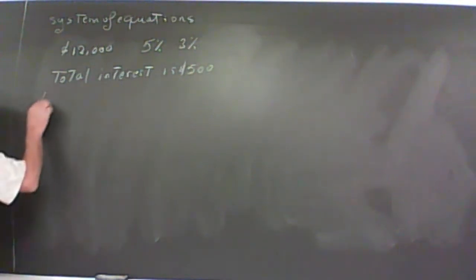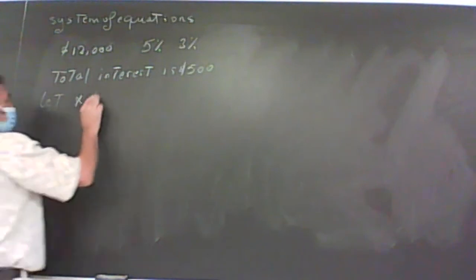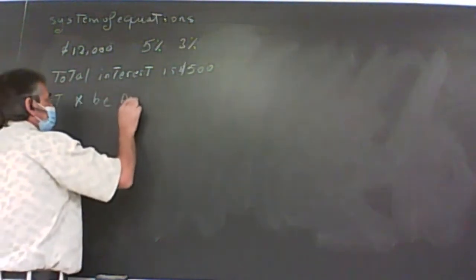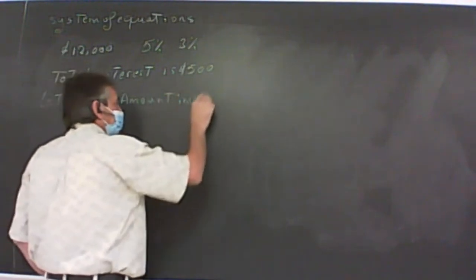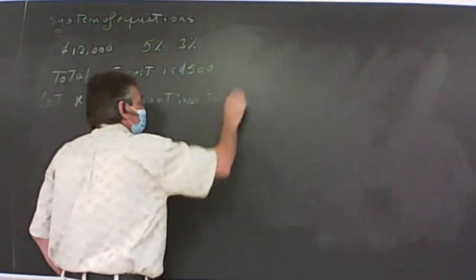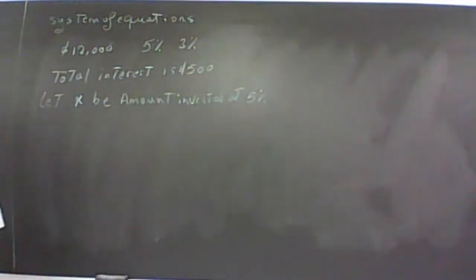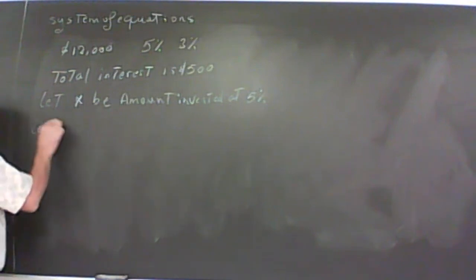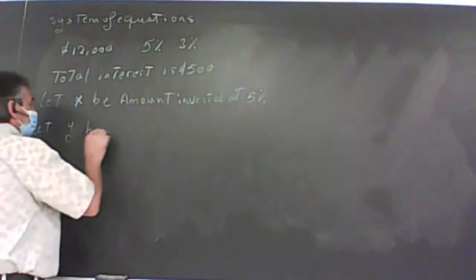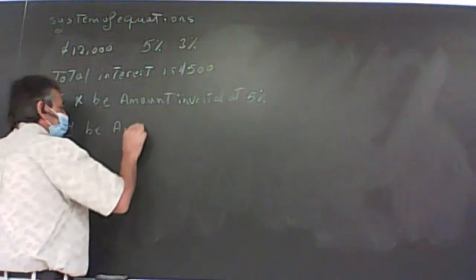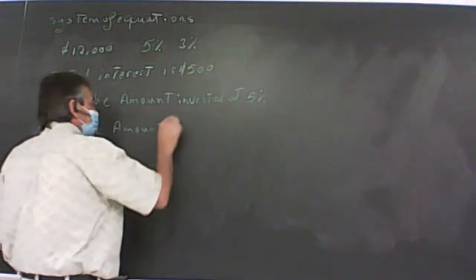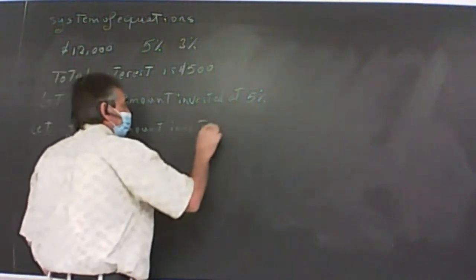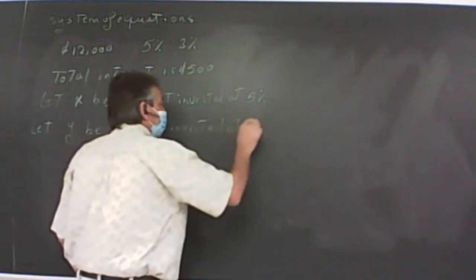For instance, let x be the amount invested at 5%. Then let y be the amount invested at, say, 3%.